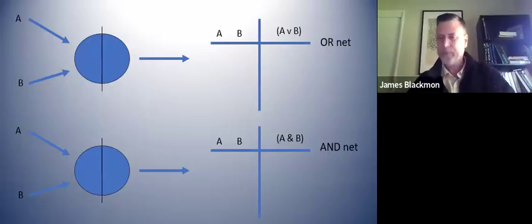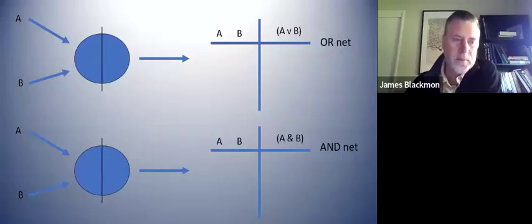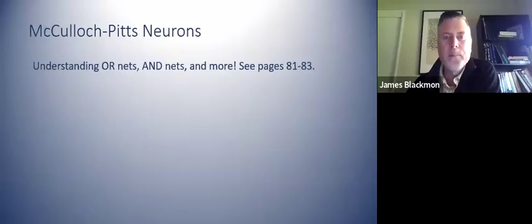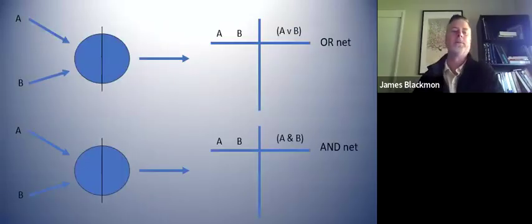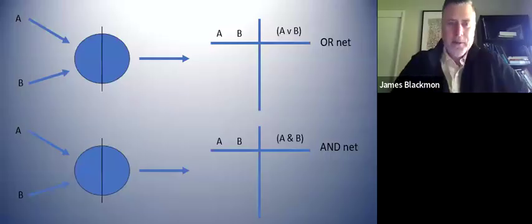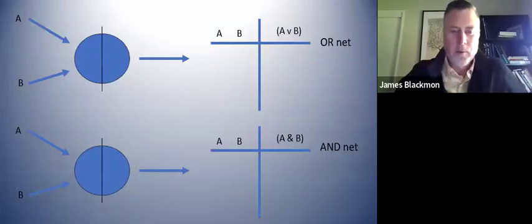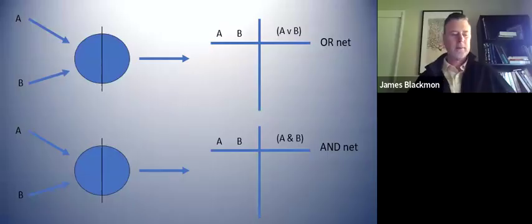I've gone back to this presentation on the McCulloch-Pitts neuron, which is an abstraction. It's an attempt to show what neurons might be doing, and much of what McCulloch and Pitts proposed, the basic idea, I guess, is still accepted today.